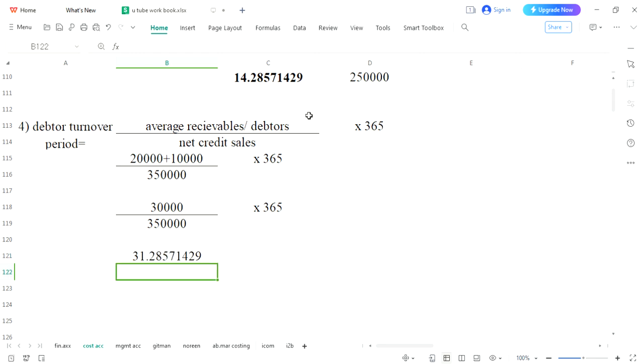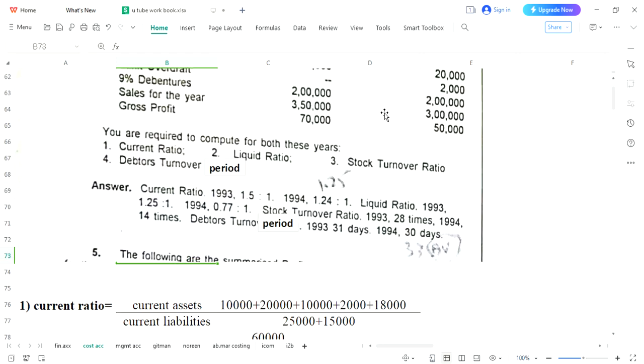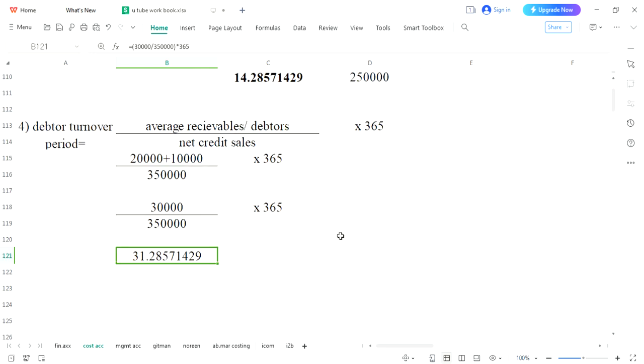Alright guys, so the answer for this is 31 days. Normally days are not in decimals. This is 31 days, but let's put 360 and see what happens. So it's almost 31 days. Either we put 365 or 360, it is the same thing. So you may write 31 days.